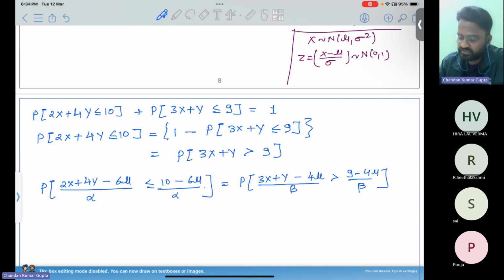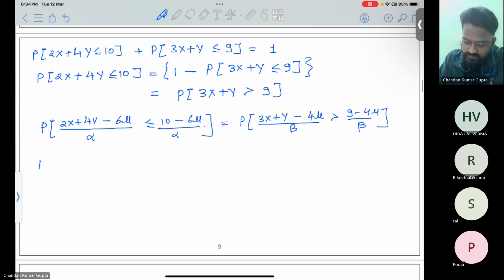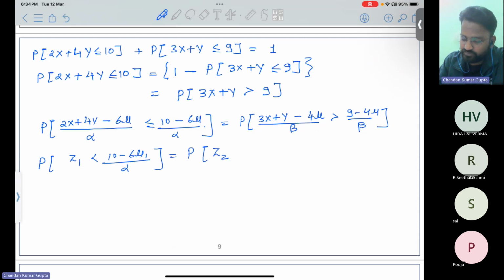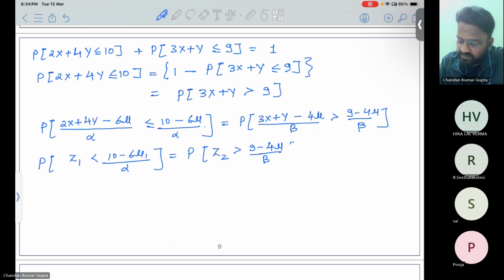It is clear. For simplicity, we can take it as Z1, and the other as Z2, greater than 9 minus 4 mu upon beta.